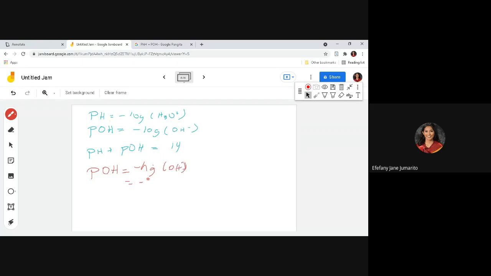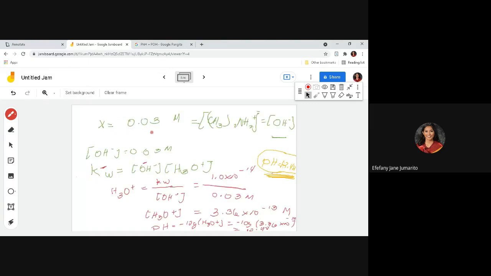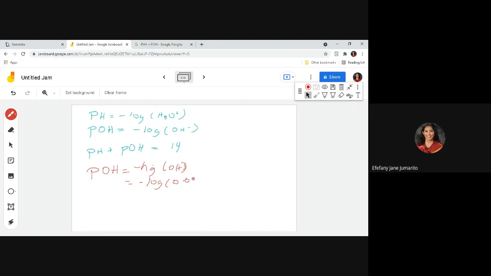So negative log of the OH, which is 0.03. That is 1.52. So the pOH is 1.52.